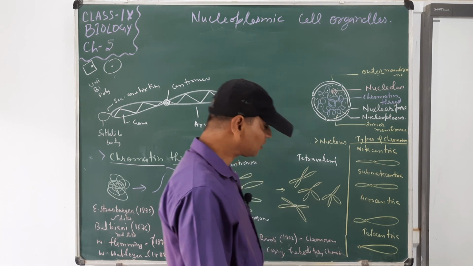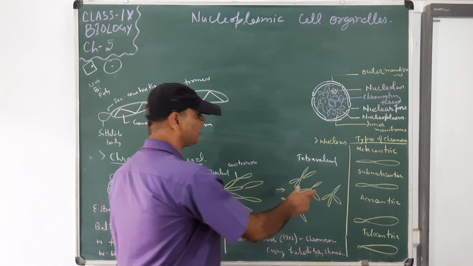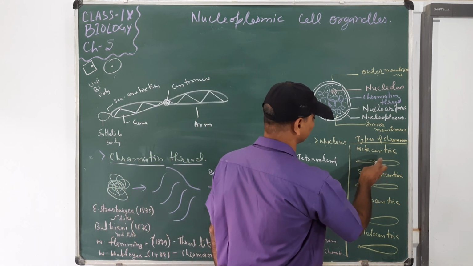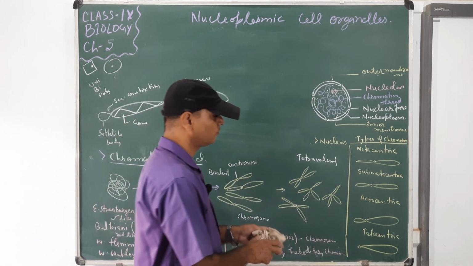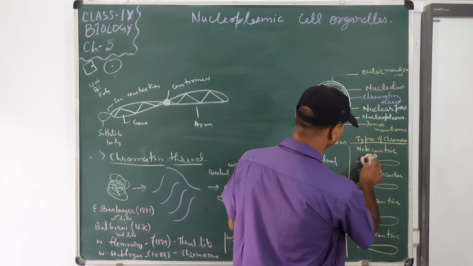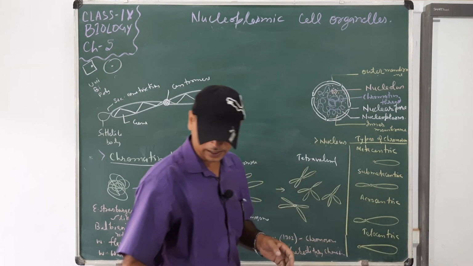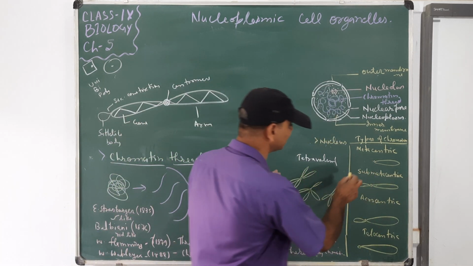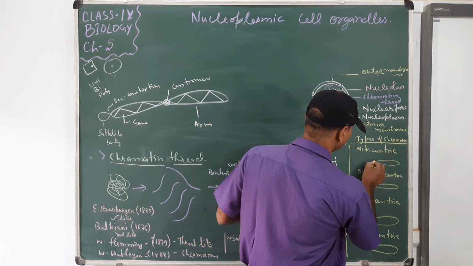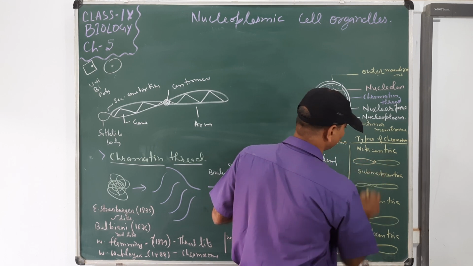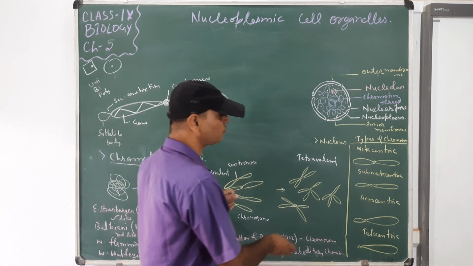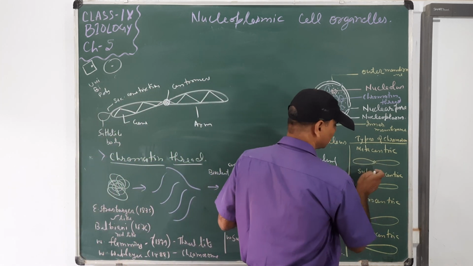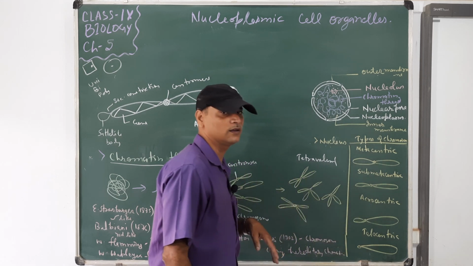Now on the basis of the position of the centromere, we can divide chromosomes into four types. You see, this is the metacentric chromosome. Metacentric means the centromere is in the middle portion, so both arms are equal.